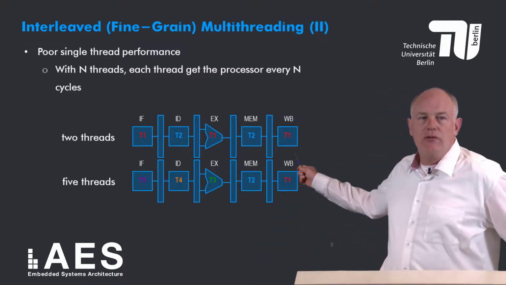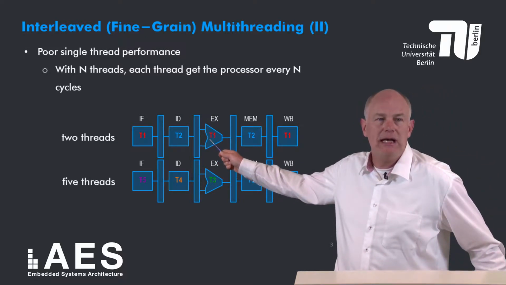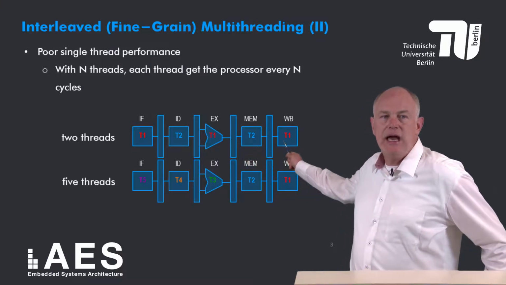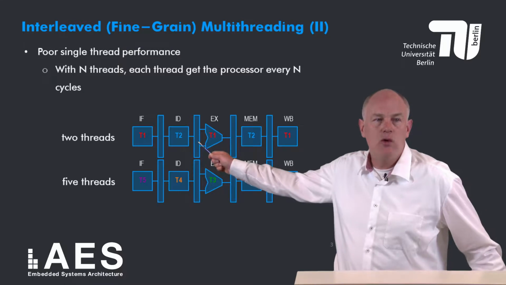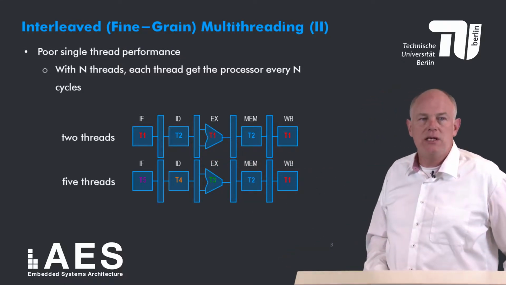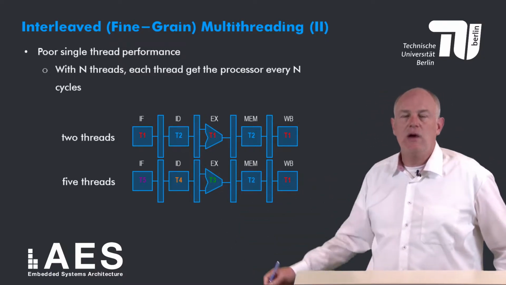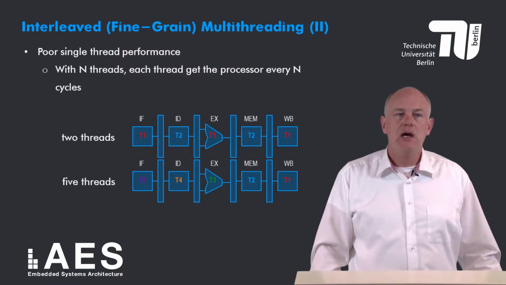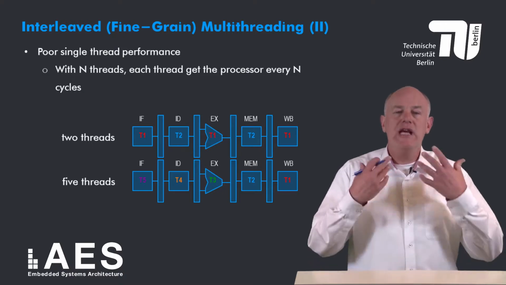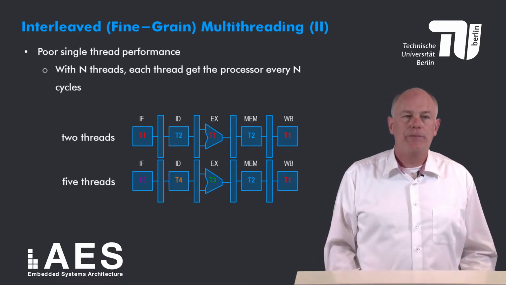This shows our canonical pipeline with its 5 stages: fetch, decode, execute, memory access, and write back. If we have two threads, then each thread gets only half the performance, while if we have 5 threads, then each thread gets only 1/5 of the performance. So if single thread performance is our main goal, this is definitely not the right multithreading approach.